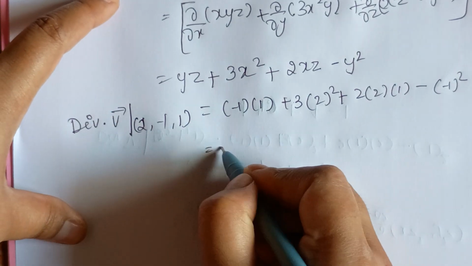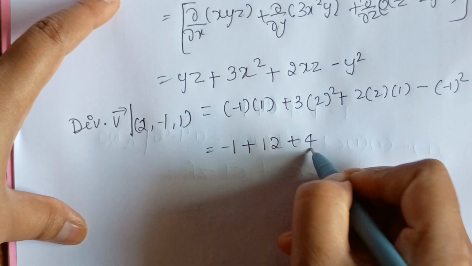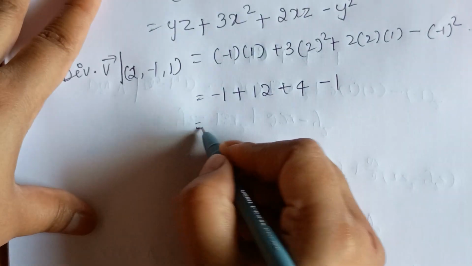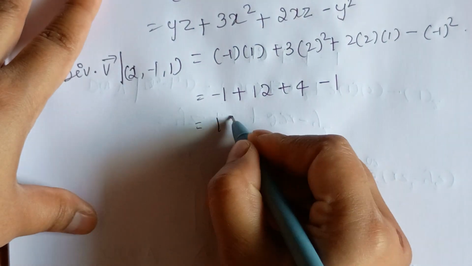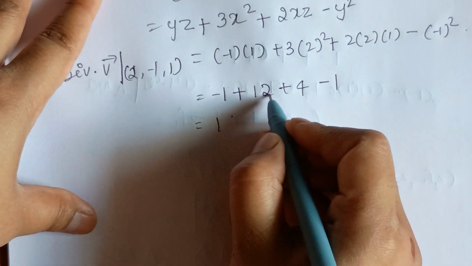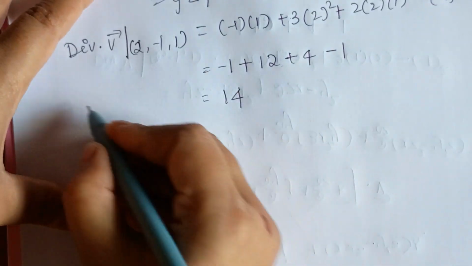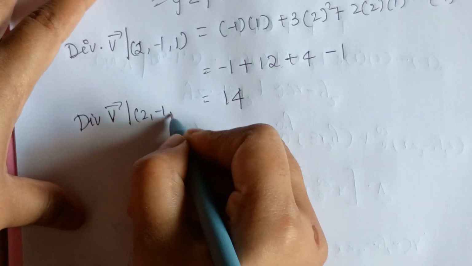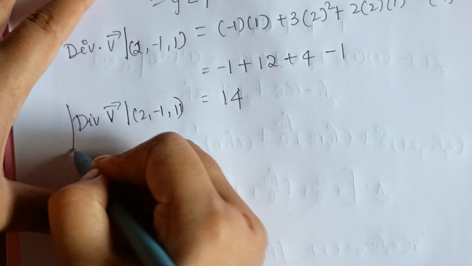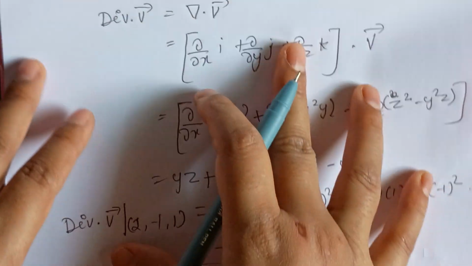If I simplify this, it is minus 1 plus 3 fours are 12 plus 4 minus 1, so minus 1 minus 1 is minus 2, 12 minus 2 is 10, 10 plus 4 is 14. So divergence of vector v at the point (2, -1, 1) is 14. Done. So this is the divergence.